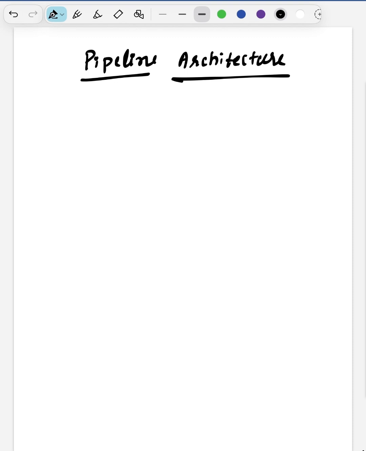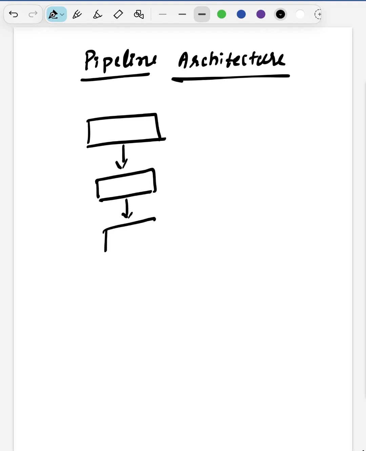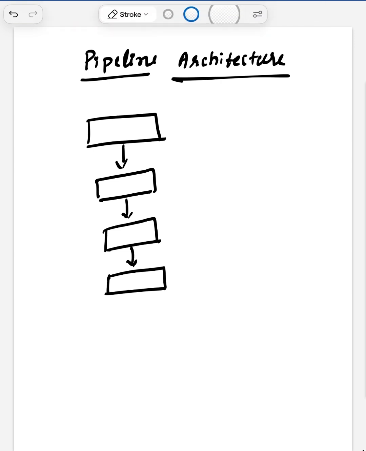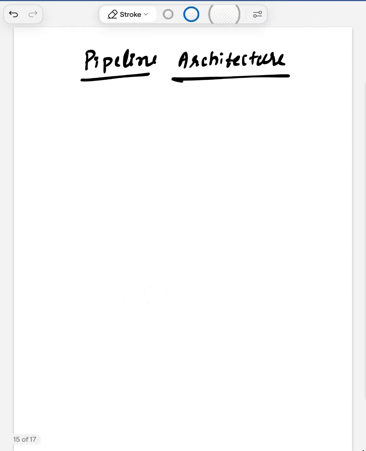So basically, what does a pipeline mean in simple words? There is a step and there is a pipe, and there is a step and there is a pipe. So this is a pipeline. Or if we draw it like this, it makes more sense.